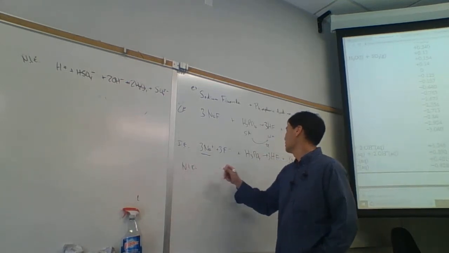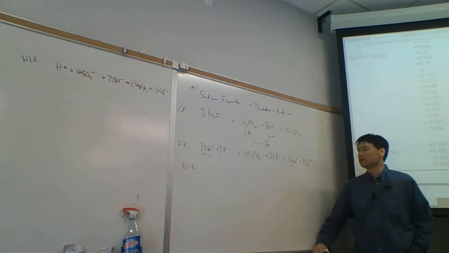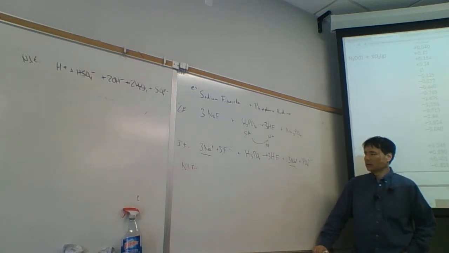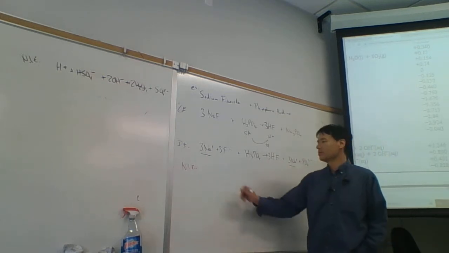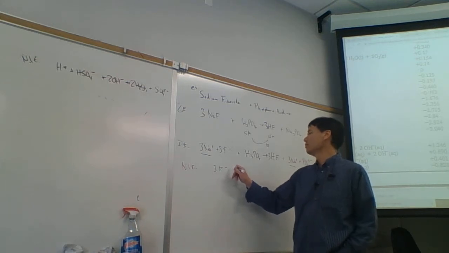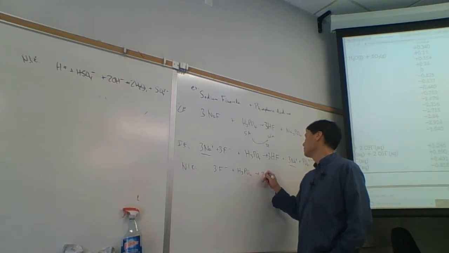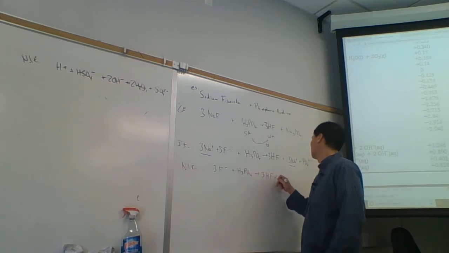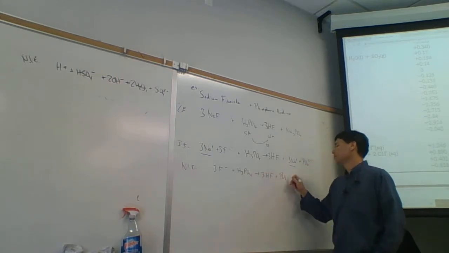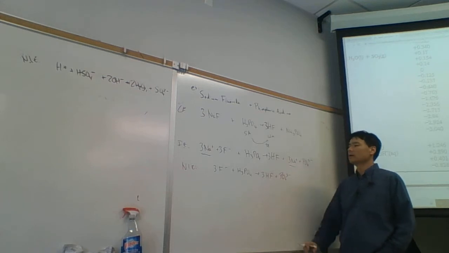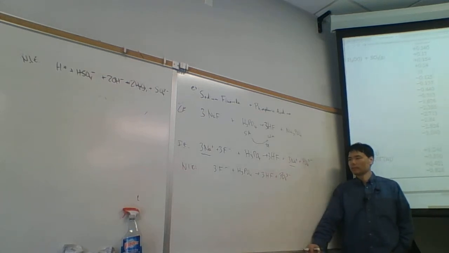And phosphoric acid did change. So it looks like the only thing that didn't is the sodium. So let's get rid of the sodium. So this is going to give us 3 fluorides plus H3PO4 yields 3HF plus a phosphate. That's what's reacting there. This particular reaction.